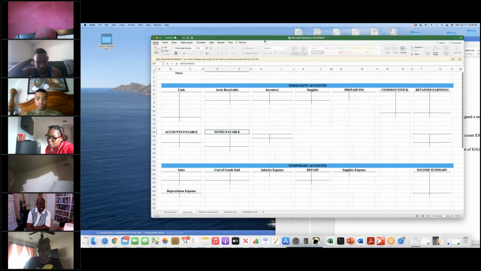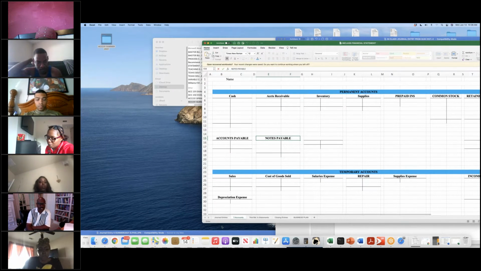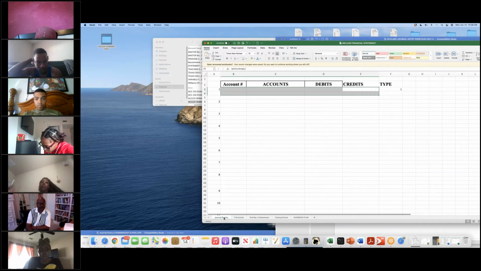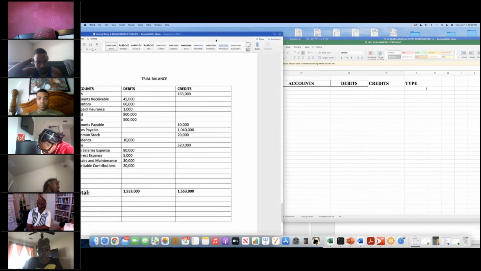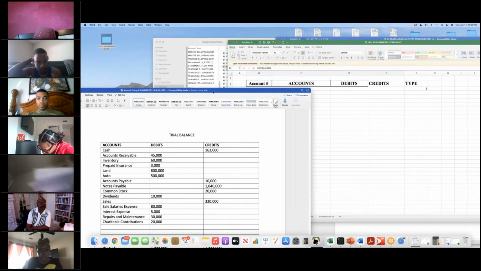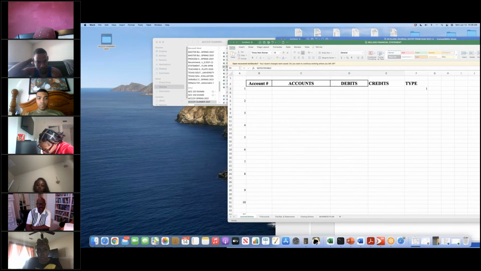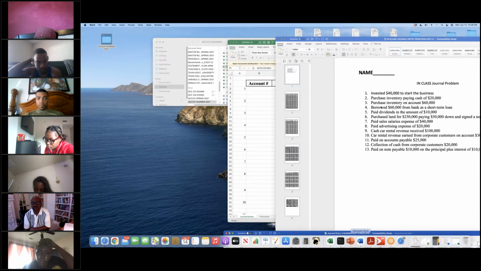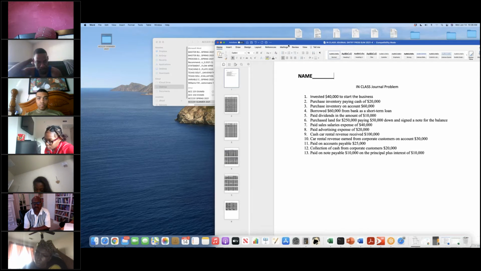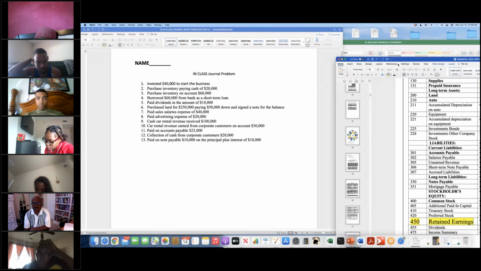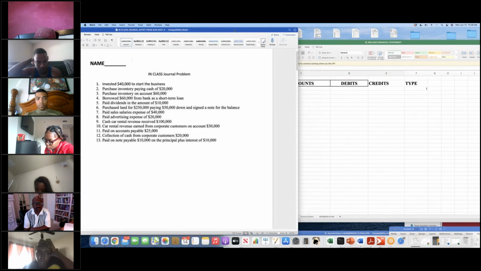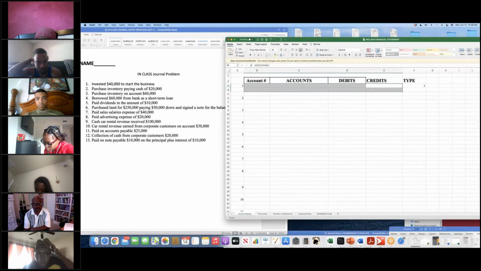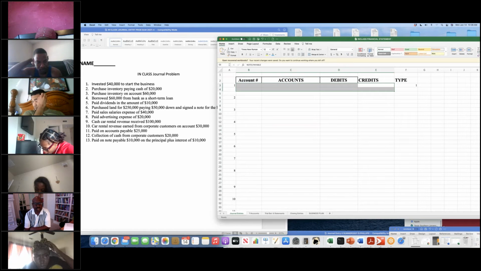Okay, so let's go then and take our time and make the journal entries and then post them to the ledger. So what we want to do is to make these 13 journal entries and then post them to the ledger.